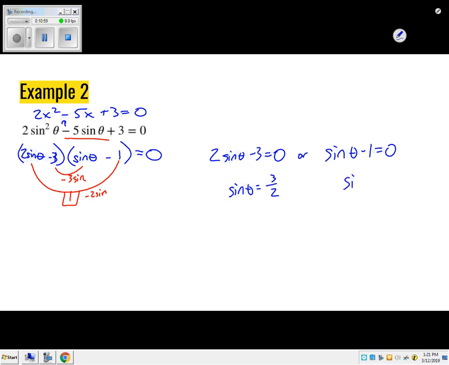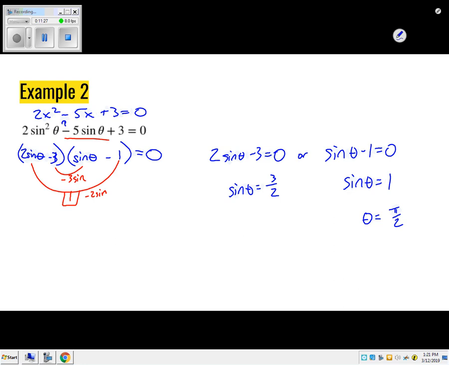Solving this for sine, I get 1. Where's sine theta equal to 1? Pi over 2, right? Was it all on the interval 0 to 2 pi? Okay, so we'll just leave it like that, pi over 2.